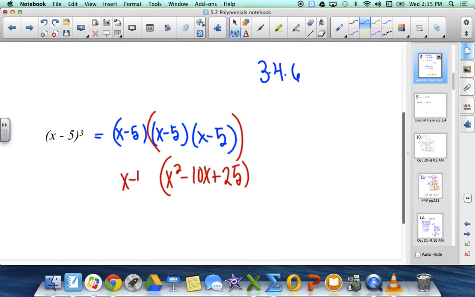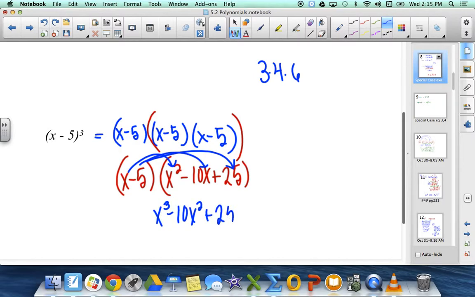Then I have to multiply by x minus 5. So we'll multiply this times each one of these. We get x cubed minus 10x squared plus 25x. Then we have to multiply these together.